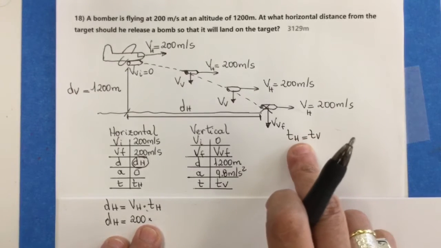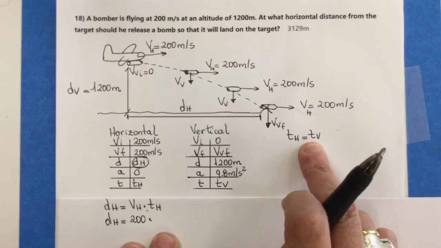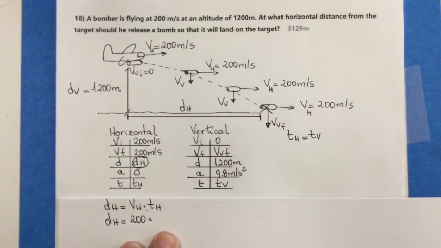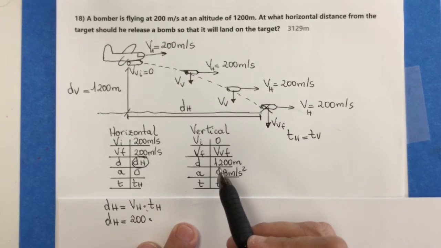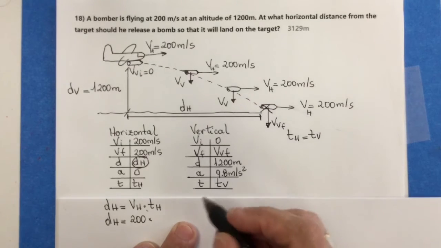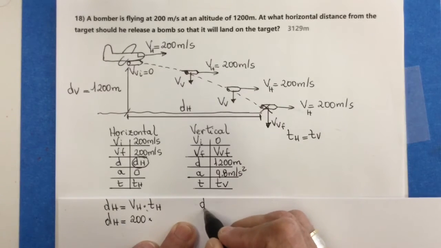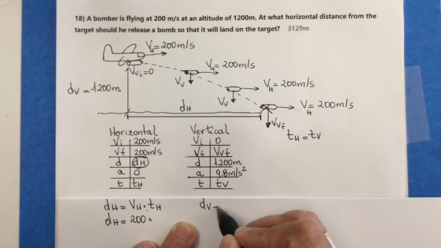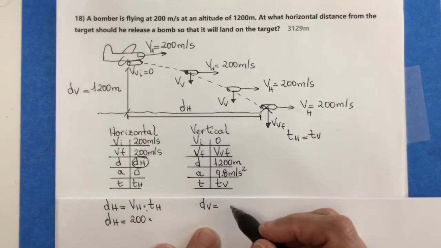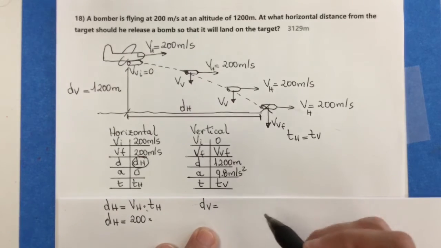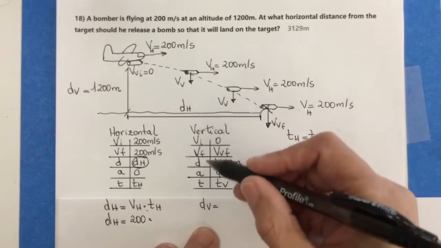But because the horizontal time and the vertical time are the same, we can calculate the vertical time from this table. So we are using here a simplified version of the second equation in our list, which is DV equals VI T plus half A T squared. We're going to simplify all that based on the way this table is set up.